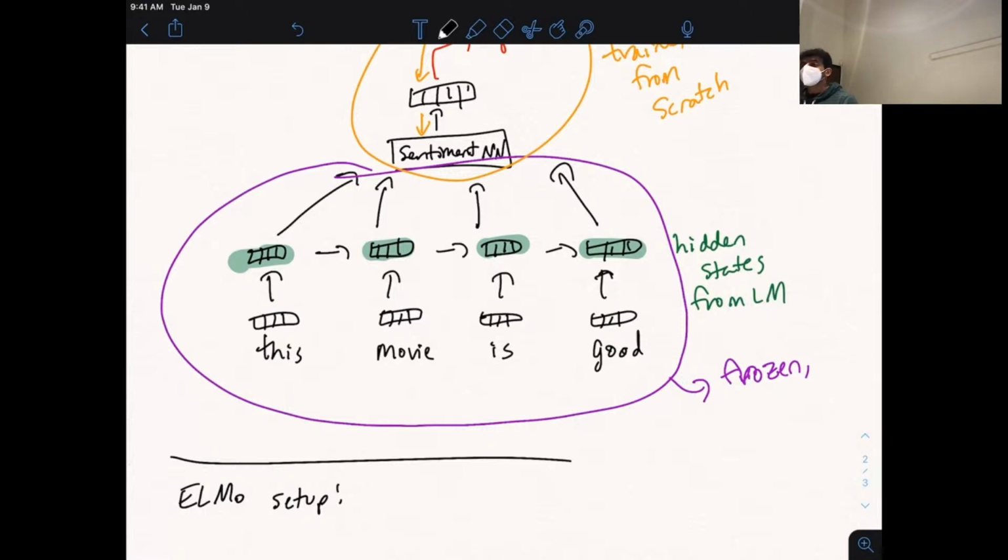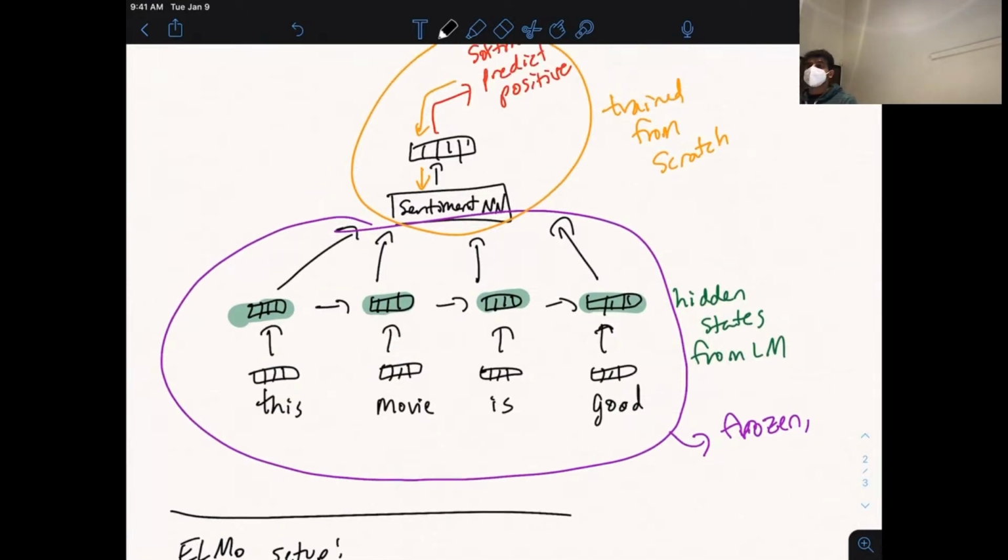In reality, though, if I'm doing a sentiment analysis task as the task that I care about, I don't really need this constraint. I might want the word movie to know about the word good later on, because that would be good for solving a sentiment analysis task. In general, I might want every word to be contextualized with every other word in the sentence.